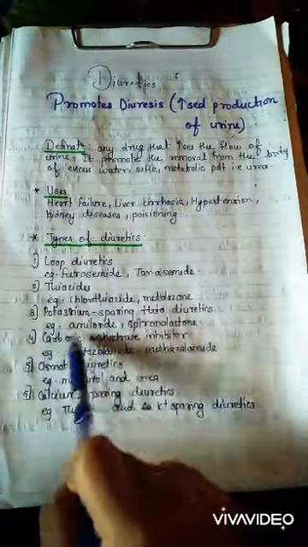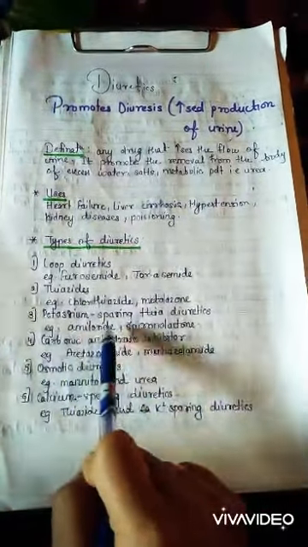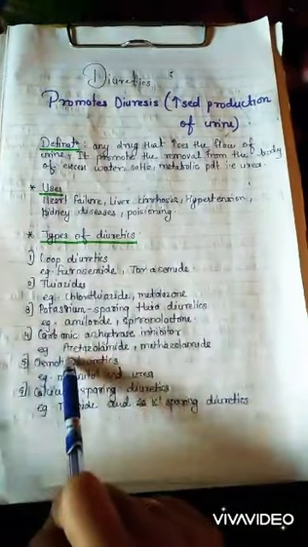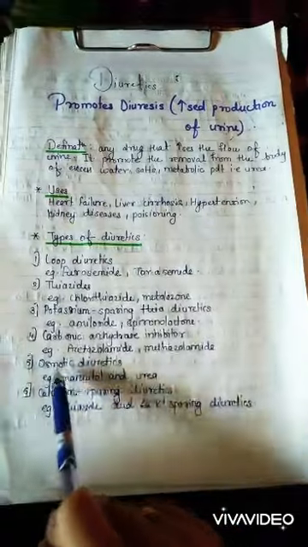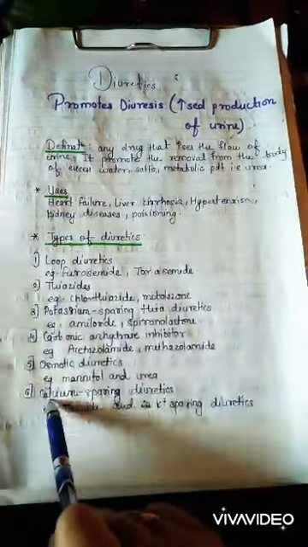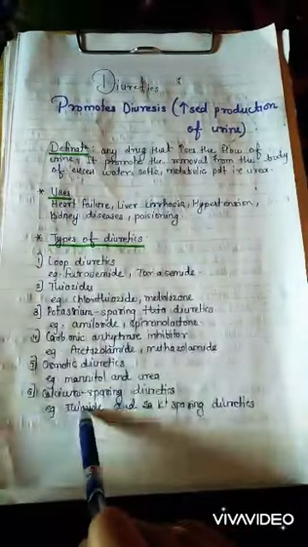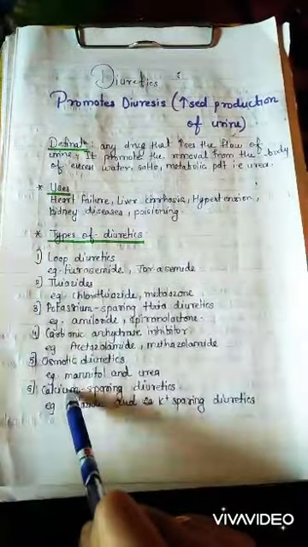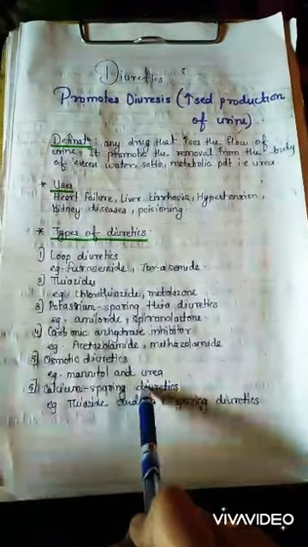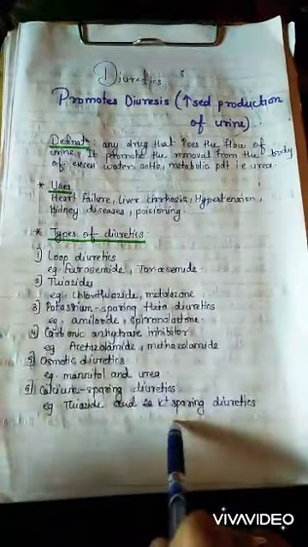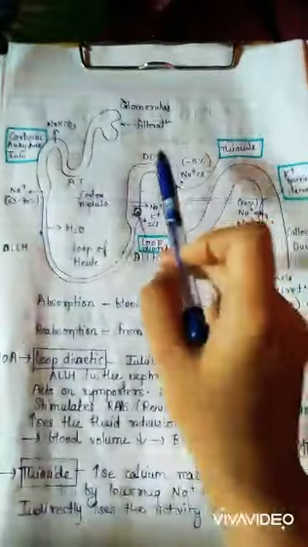Potassium sparing diuretic: amiloride, spironolactone. Carbonic anhydrase inhibitor diuretic: acetazolamide, methazolamide. Osmotic diuretic: mannitol, urea. Calcium sparing diuretic: thiazide and potassium sparing, because the mechanism of action of calcium sparing diuretic is the combination of thiazide and potassium sparing diuretic.